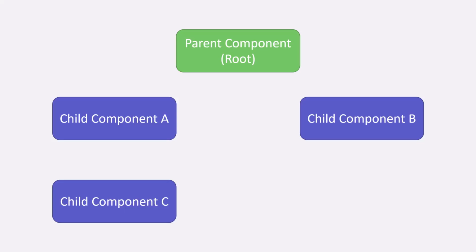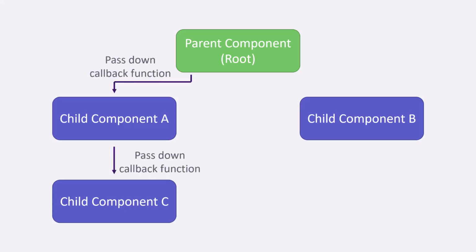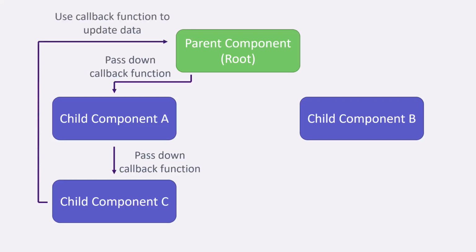In this example, let's say I had data that was used in child components B and C. Child component C is capable of updating the data. To perform updates on data, we first have to pass down a callback function to child component A and then to C. Child component C can use the callback function to update the data inside the parent component. Lastly, the updated data would be sent to component B.